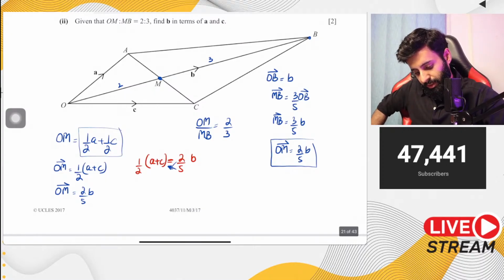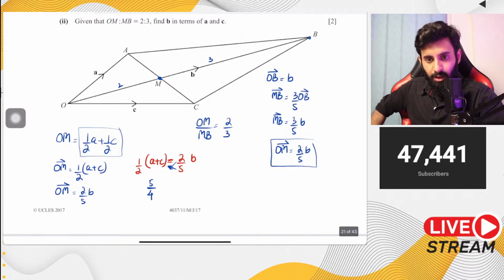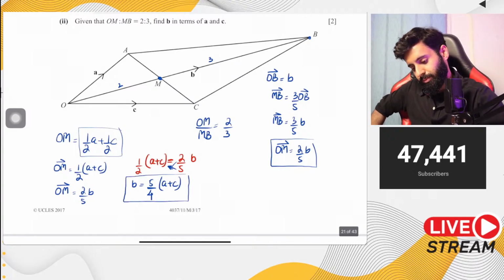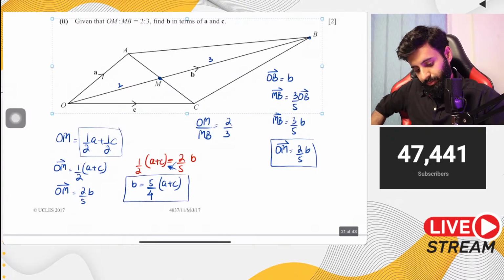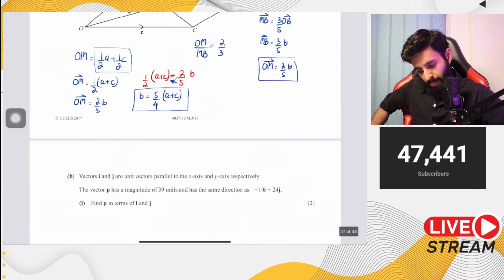Take 5 over to the other side and take 2 over to the other side. So this is what we get: 5/4 of A plus C. So this is what B is equal to. There you go, that's your answer.